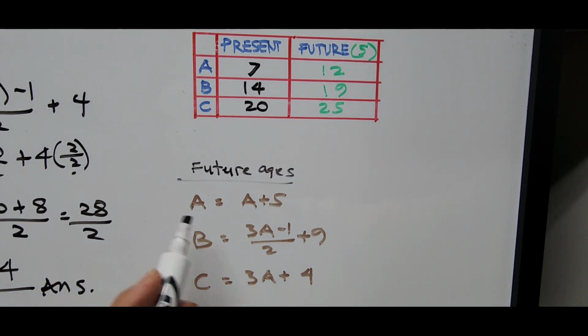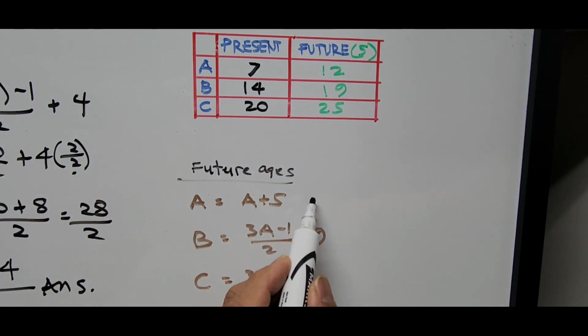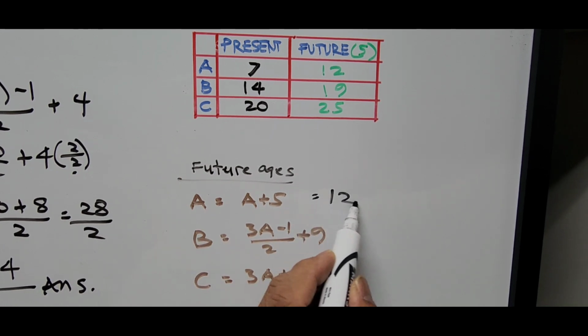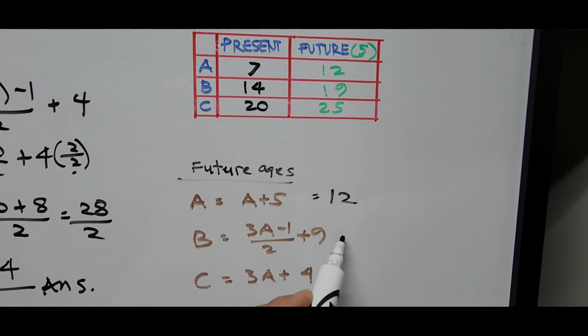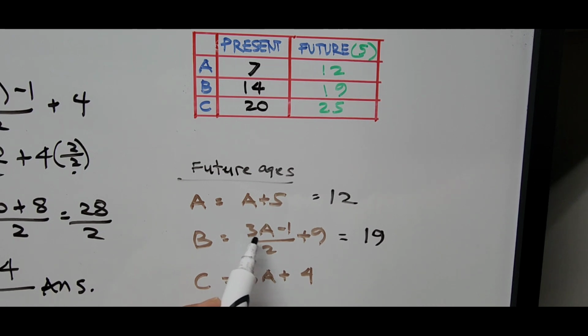first table. A's future age is A plus 5, that is 12, since A is 7, 7 plus 5 is 12, and B's age is 19. So 3A, A is 7, 3 times 7 is 21 minus 1 is 20 divided by 2 is 10 plus 9 is 19.